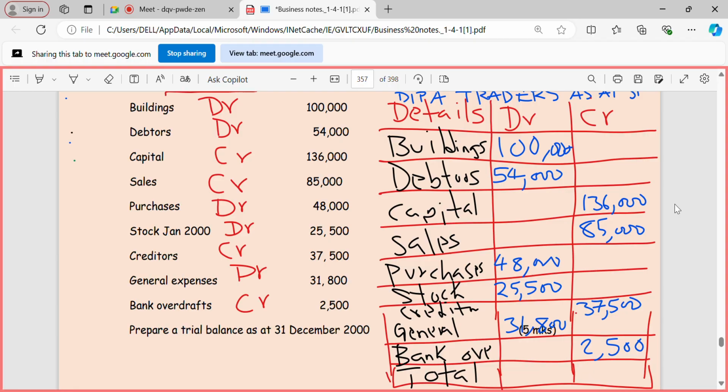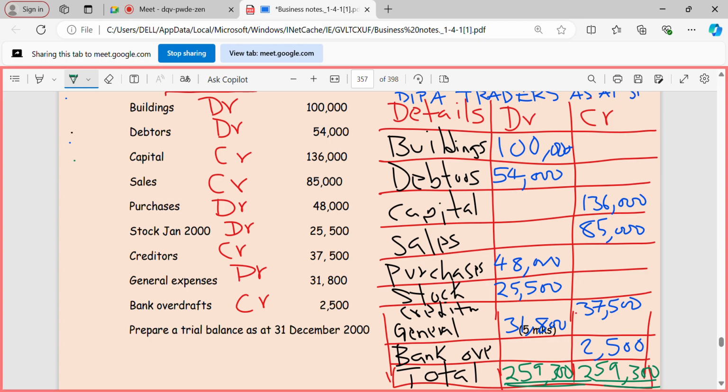So what do you find? What about the debit side? On the debit side, if you add everything here, you want to see the totals, then you double underline.